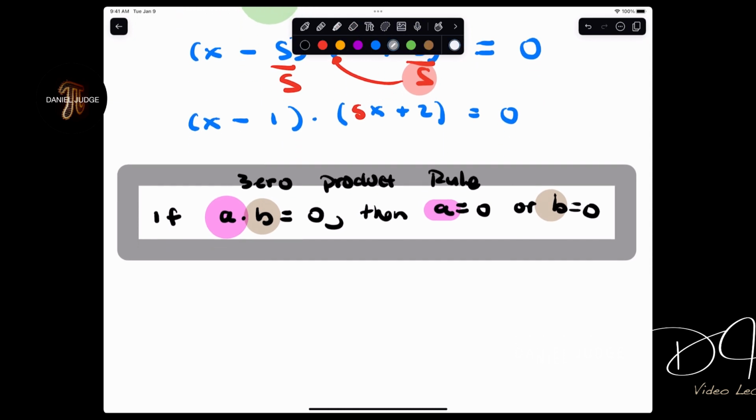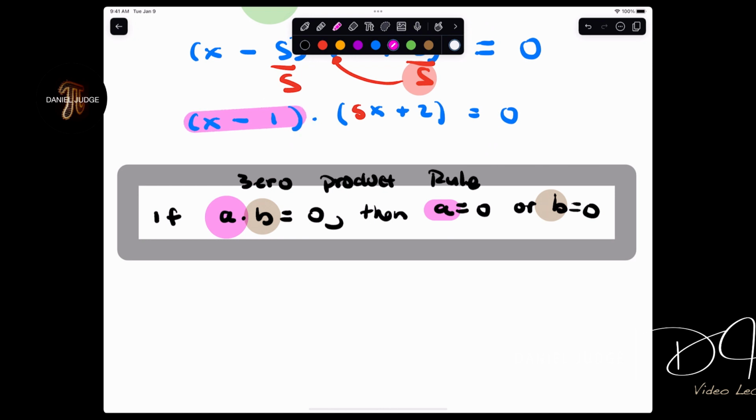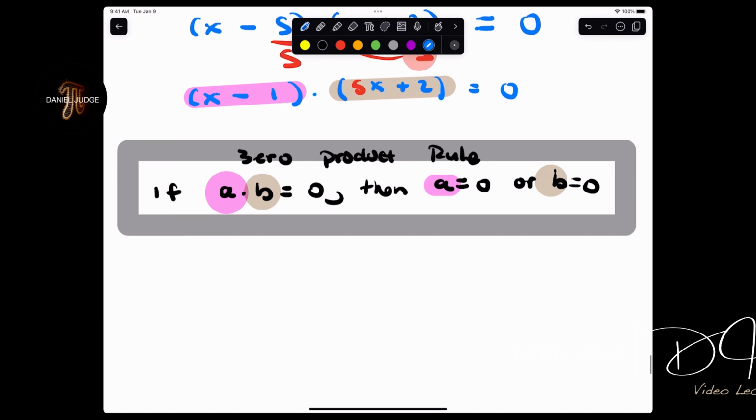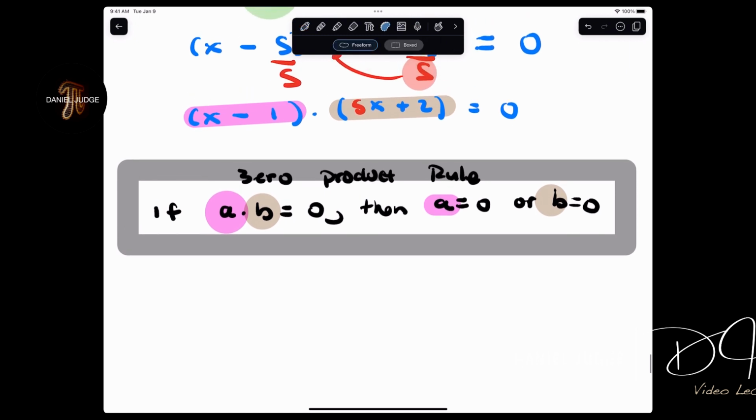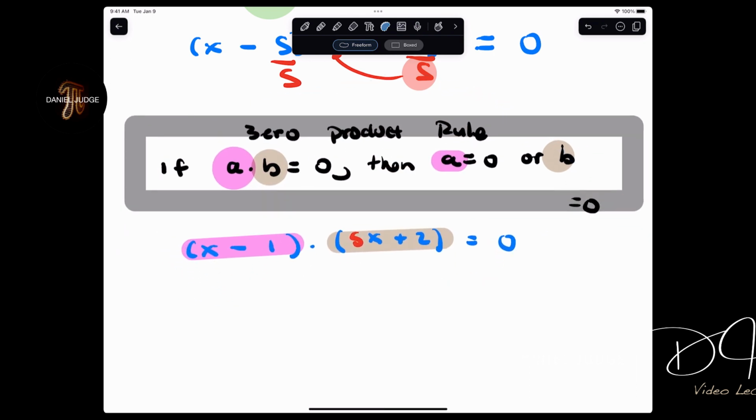The first term again is in pink. The second term is in brown here. So if I multiply two numbers together and it equals 0 by the zero product rule, that means either of those numbers must be 0. I'm going to move this down so we have more space.